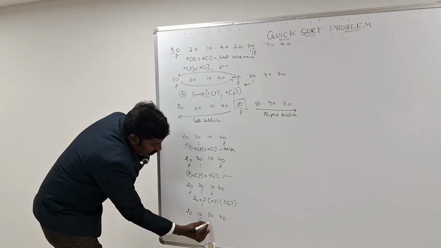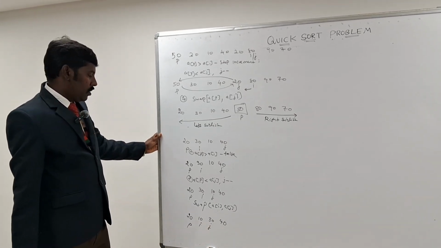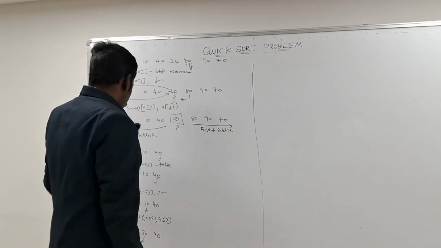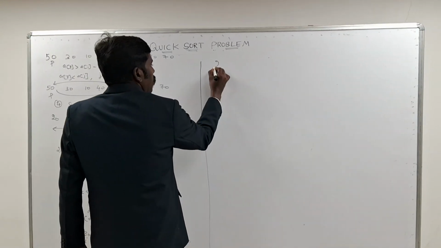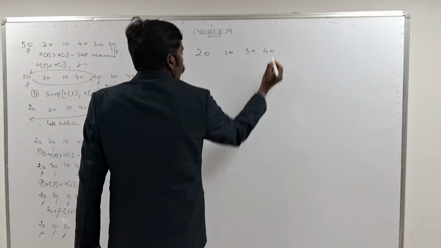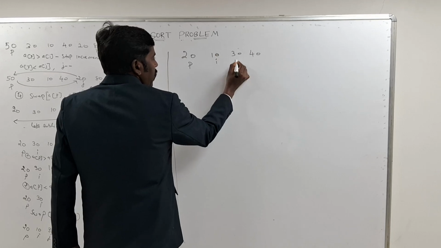This is I, this is J, it is a pivot. So we have the values 20, 10, 30, then 40. It is P, it is I, it is J.